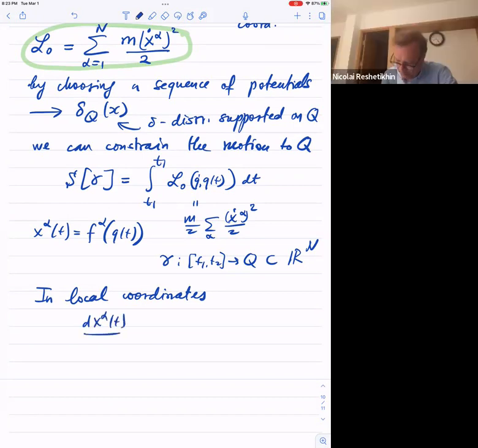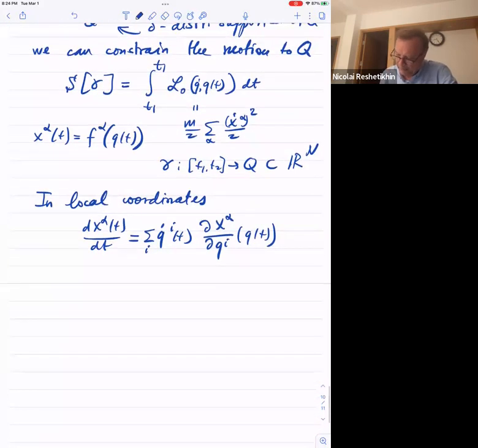Okay, so then I'll use the chain rule. So this will be q-dot^i, sum over i, times dx^alpha/dq^i, the Jacobian of this, well, suppose I can call it Jacobian.